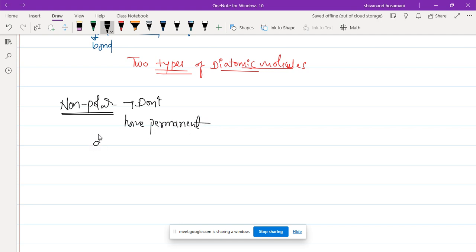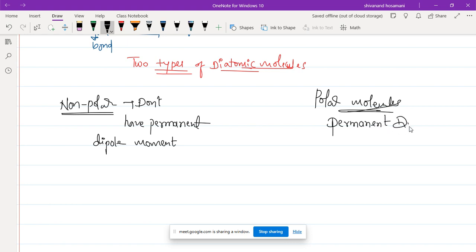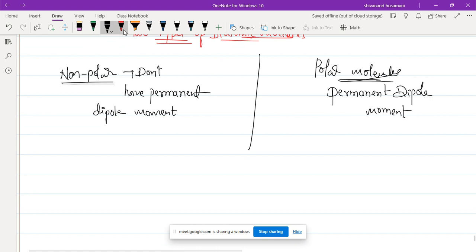Polar molecules have a permanent dipole moment. Okay. Next, as they do for non-polar and polar molecules.